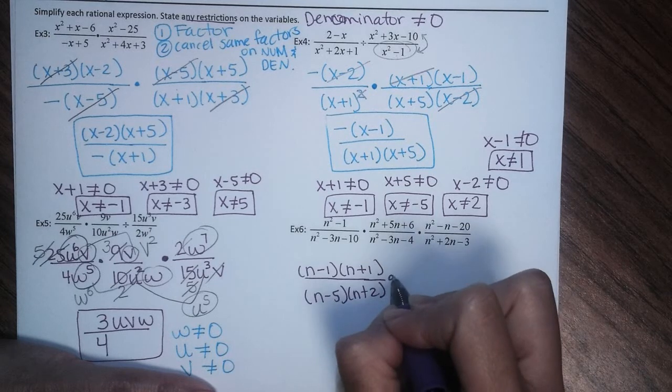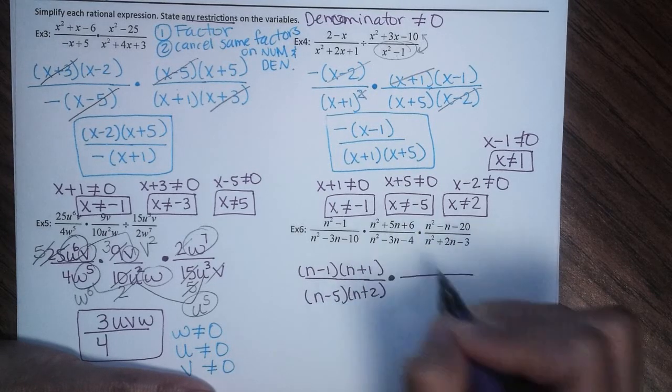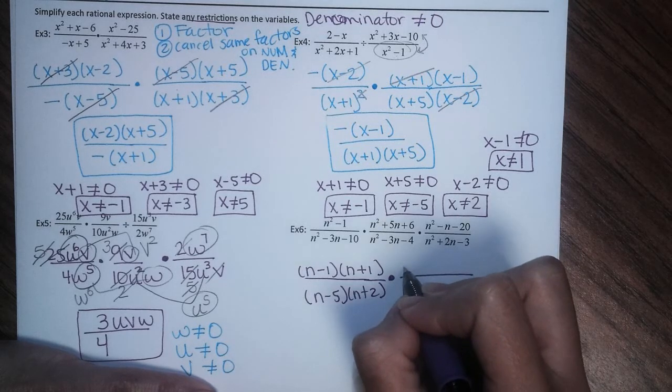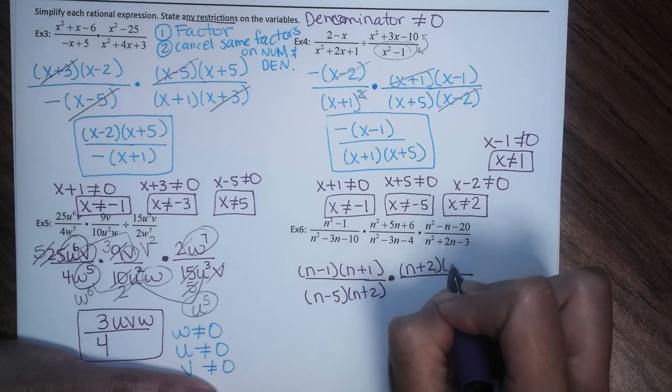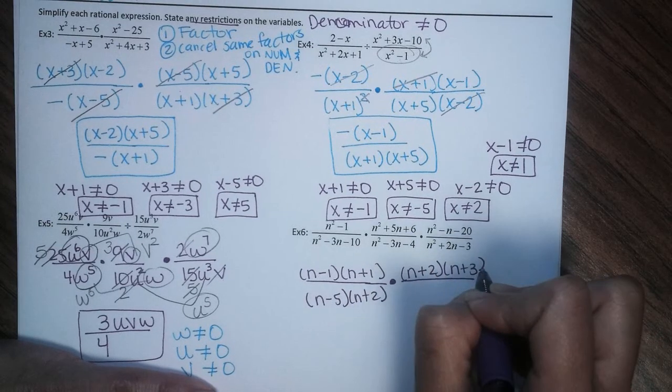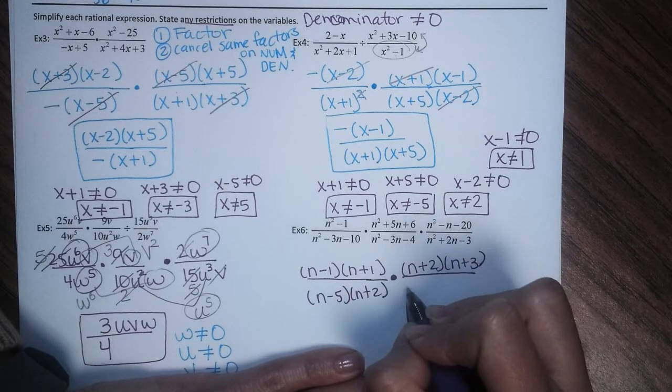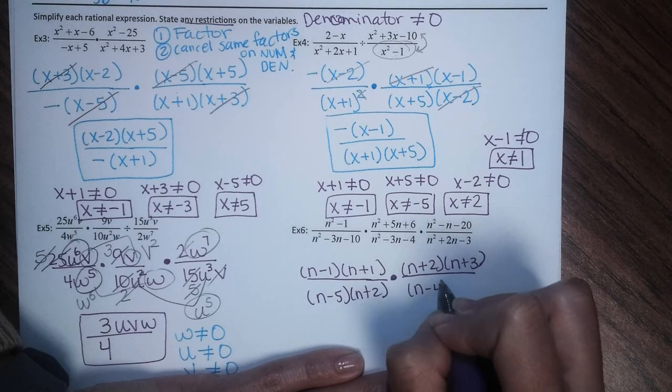And now times n squared plus 5n plus 6 will be n plus 2 times n plus 3. N squared minus 3n minus 4 would be n minus 4, n plus 1.